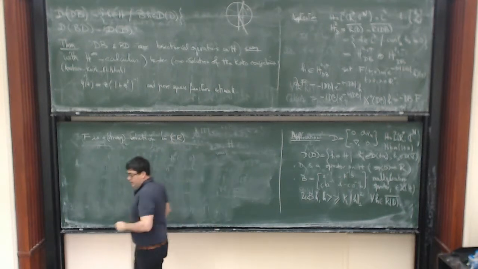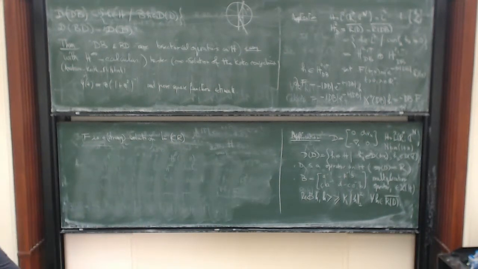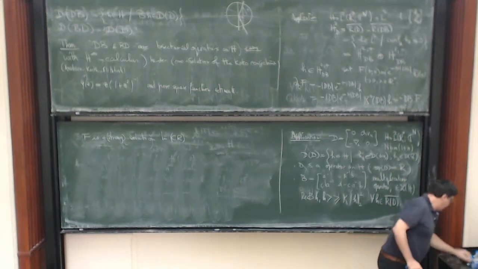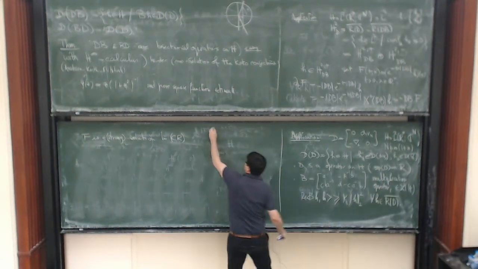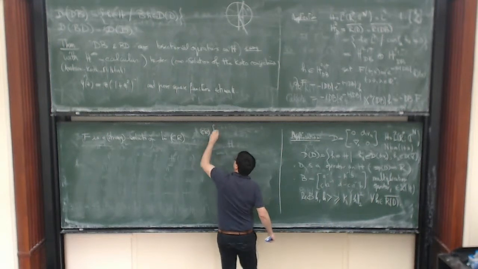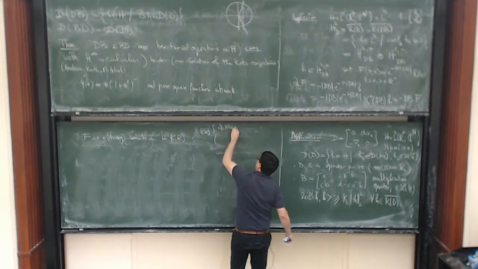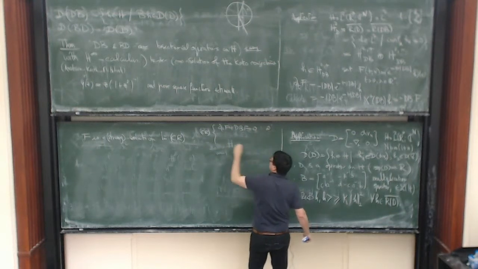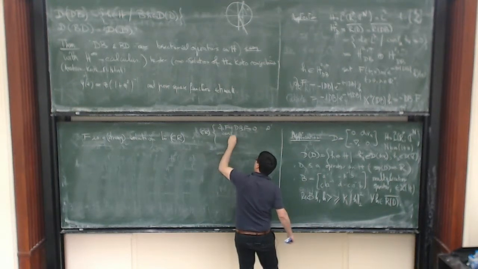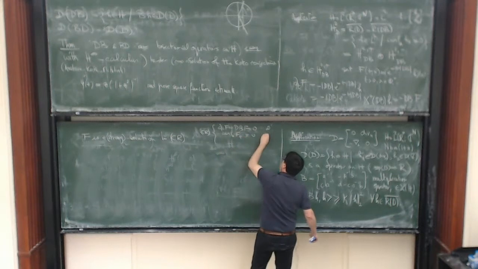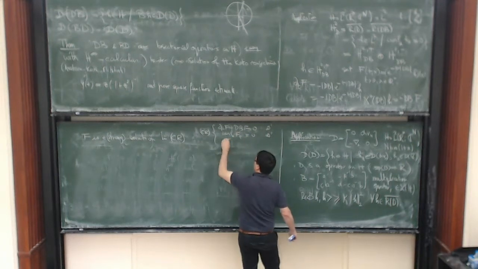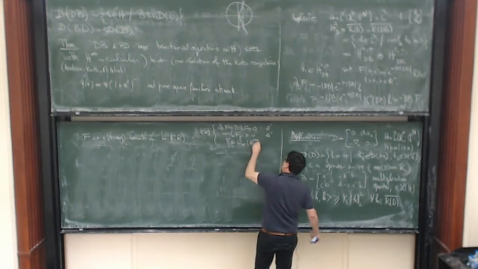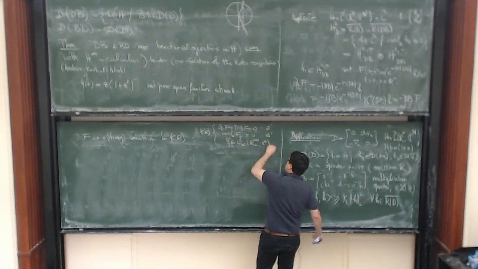Maybe I will write it again. So CR was d by dt f plus dB f equals 0 in distribution sense. There was this curl condition also in distribution sense, and there was a requirement that f was in L2 loc.